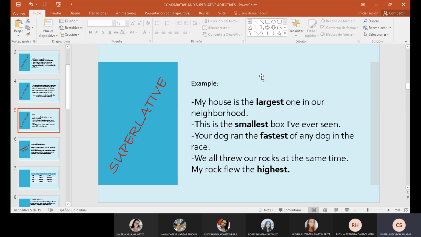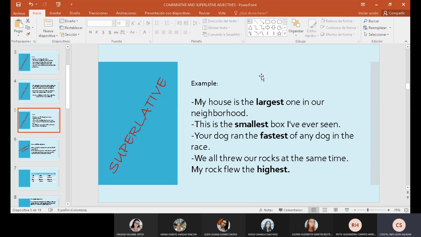Esta es la caja más pequeña que he visto. Your dog ran the fastest of any dog in the race. Su perro corre tan rápido que ningún otro perro en la carrera.